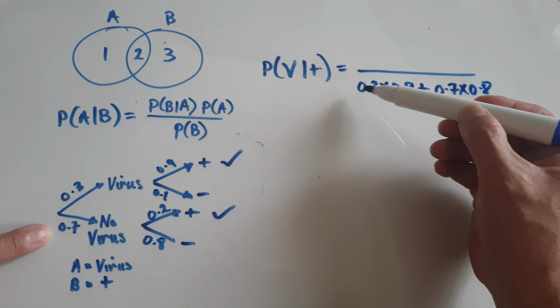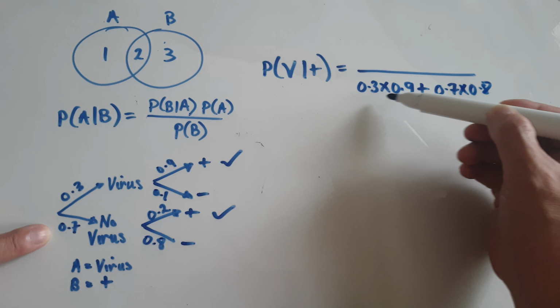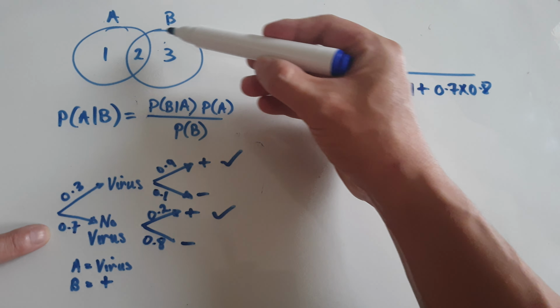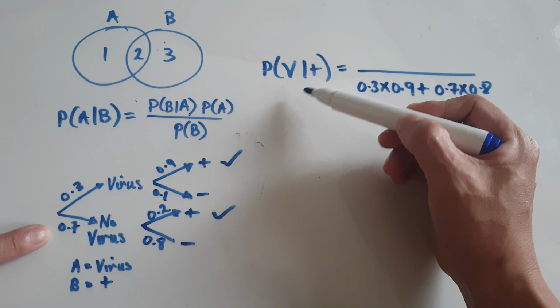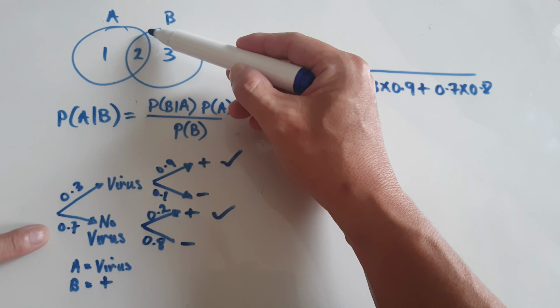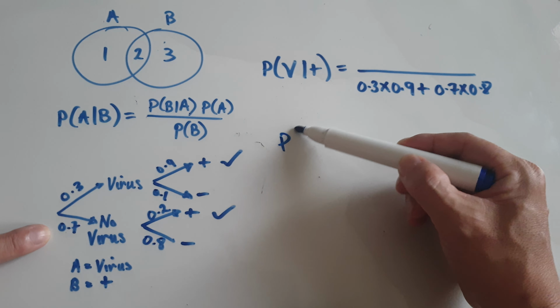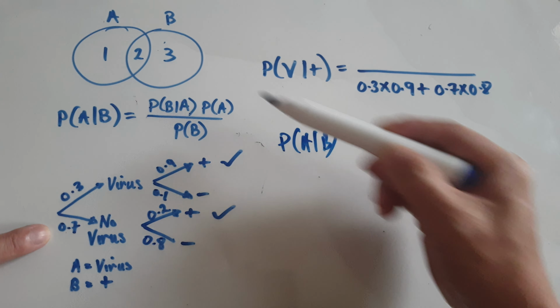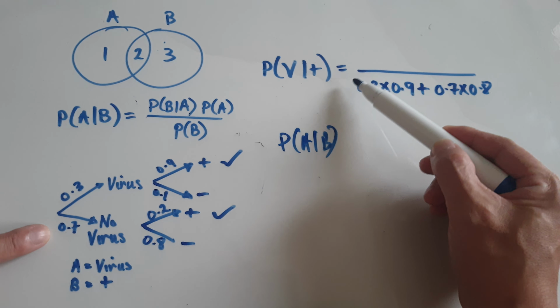So this is the probability of the whole thing of it being positive. So here the machine's testing positive. That's similar to A given B, where B is the whole thing. So this here is the whole thing.